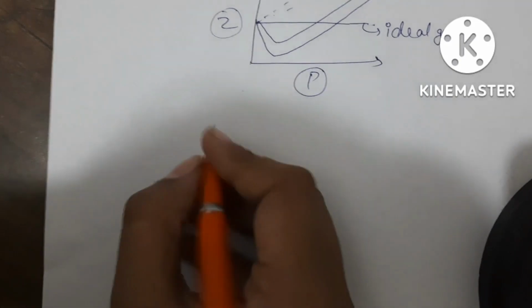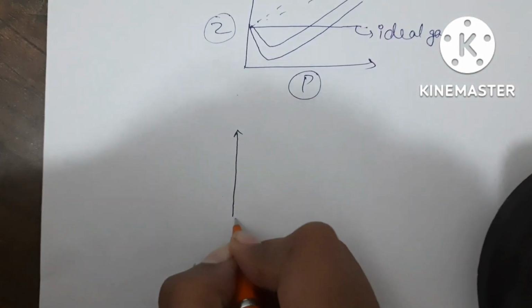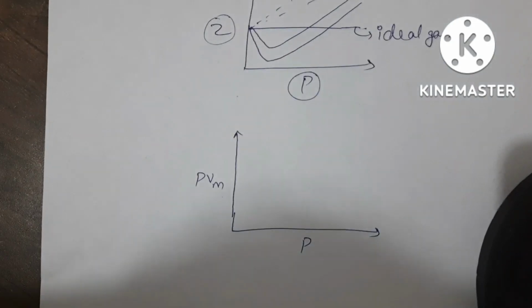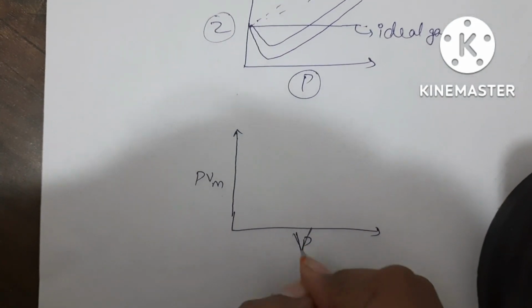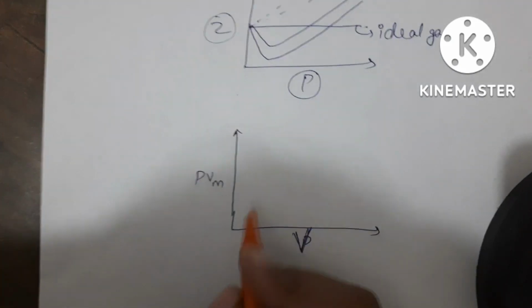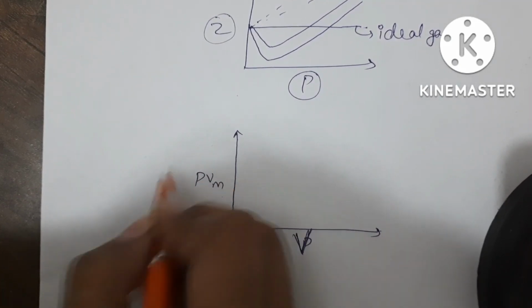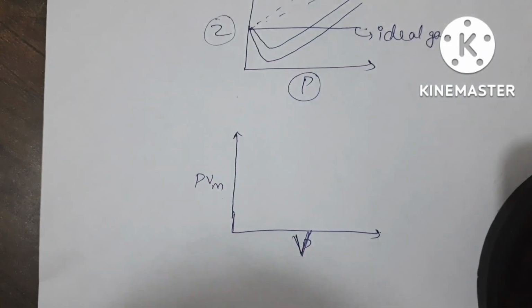Now I want to discuss one more graph, PV versus P and PV versus V. If we change the volume, there is a change in the PV graph.